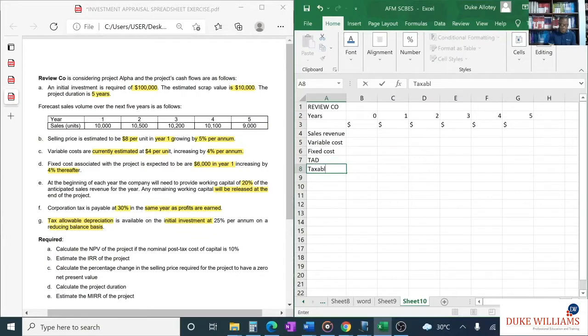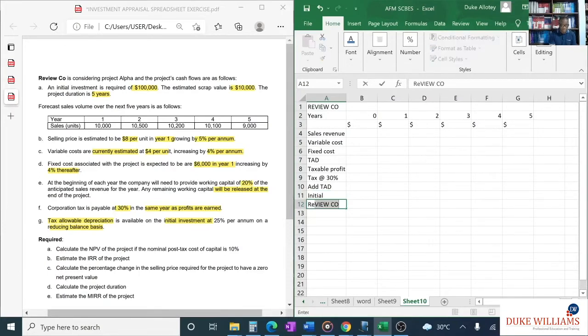So taxable profit, then tax at 30%, then I can add back tax allowable depreciation, and then work out the initial. It's important you do this before you start any calculations.